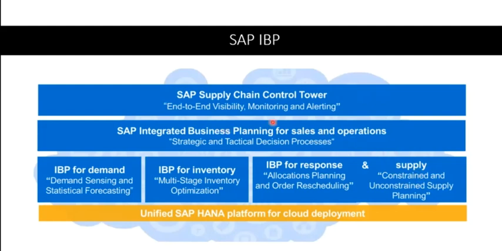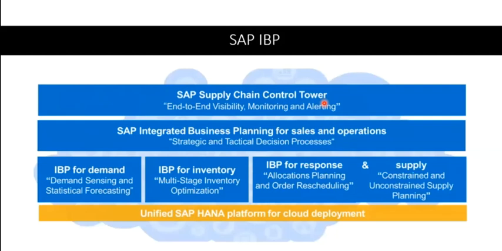Okay. So we'll be covering all those unconstrained and constrained planning as well while covering this supply module. Now the next feature is called supply chain control tower. So this module is also covering all these different modules. It doesn't have its own planning engine.